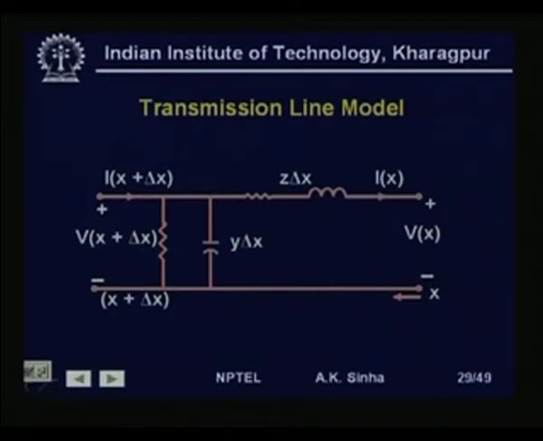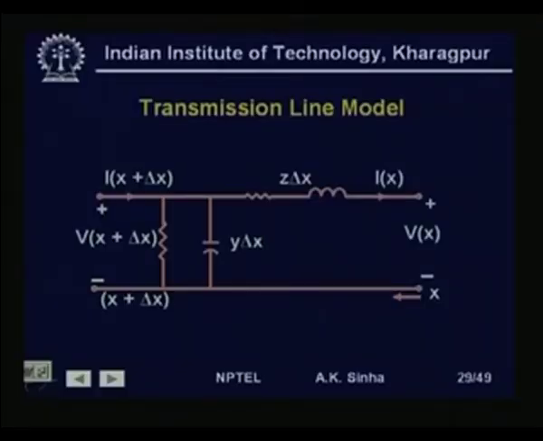Here I have shown also a conductance, which most of the time we neglect. This is any leakage current which flows across the insulators of the line, which is normally very small and is most of the time neglected.